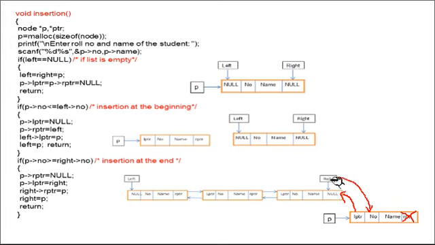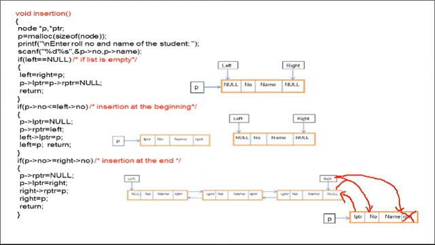Now this right is pointing to this last node, because the left pointer points to the leftmost node and the right pointer points to the rightmost node. So this is the third case, insertion at the end, after insertion at the beginning. Now in the next slide we will see how to insert a new node in the middle.